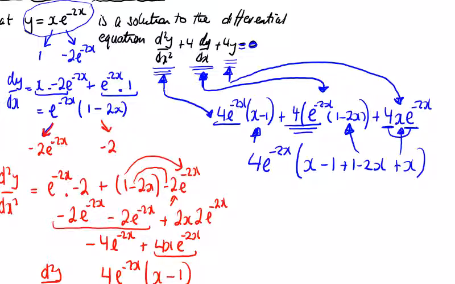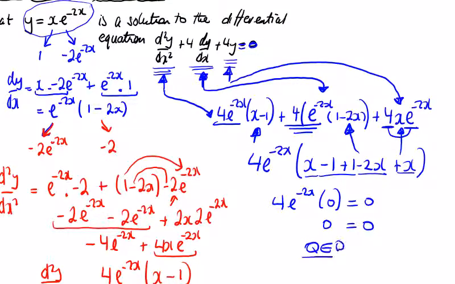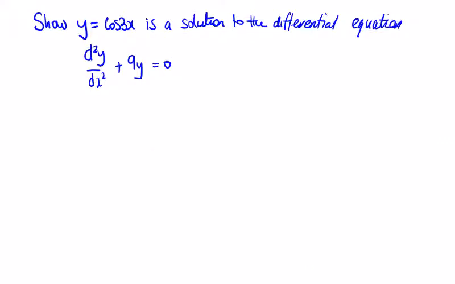And that's going to give me x plus x is 2x minus 2x is 0, as is 1 minus 1. So we end up with 4e to the power of minus 2x times 0, which is equal to 0. 0 equals 0, quod erat demonstrandum.